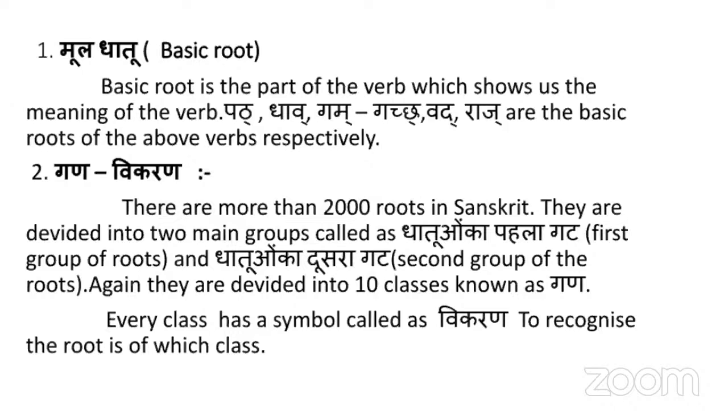You choose red colored, so red is the sign, right? Red is a symbol for the balls. Like this, whatever vikarana is chosen for that particular group is the symbol. So every class has a symbol called Vikarana to recognize which class the root belongs to.